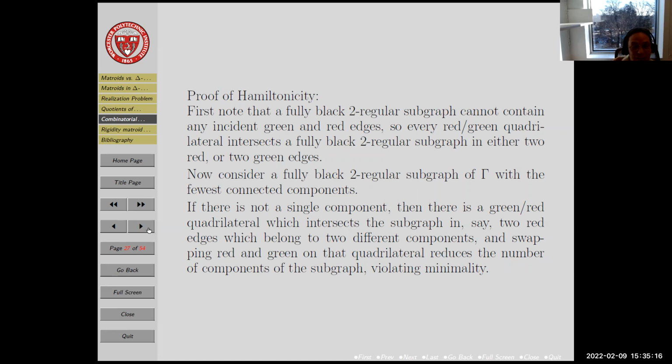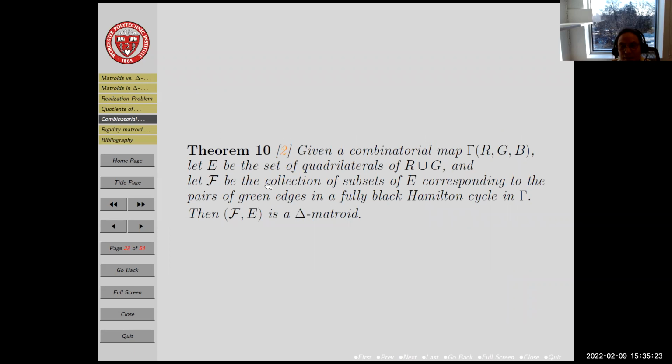And so that's the interesting part. And this we can use to actually get a Delta-matroid from the map graph. And we just define, or we just look at all the fully black Hamilton cycles.